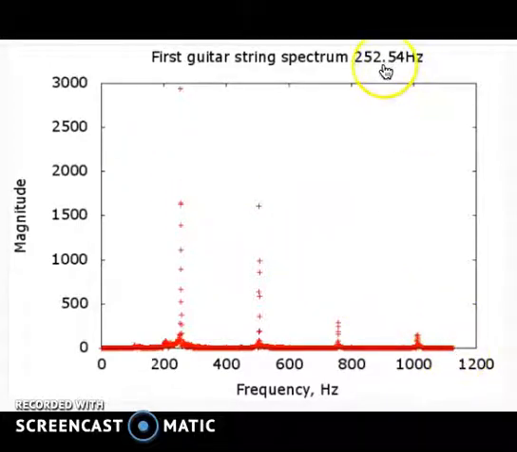So if my first guitar string starts at 252.54 Hertz, that same string simultaneously, so we hear all of these notes at the same time, makes another frequency at about 504 and 756 and 1008 Hertz respectively. So each higher harmonic is a multiple of my fundamental or first harmonic.